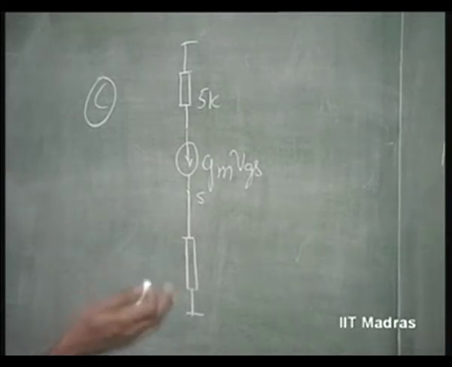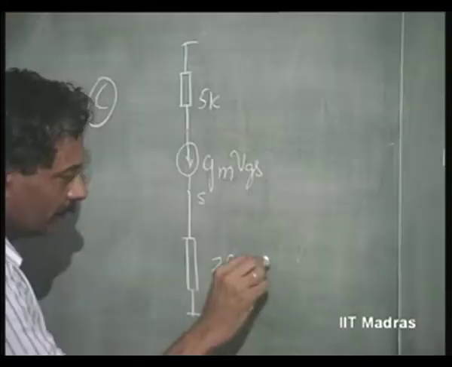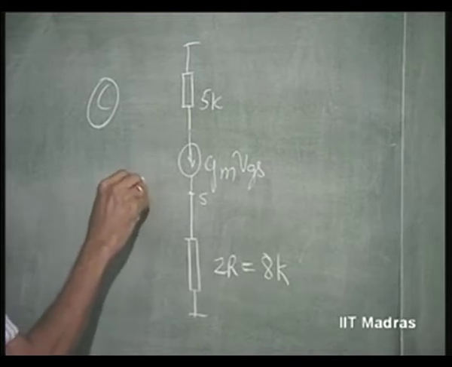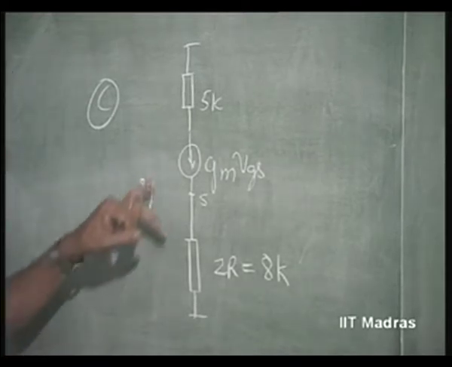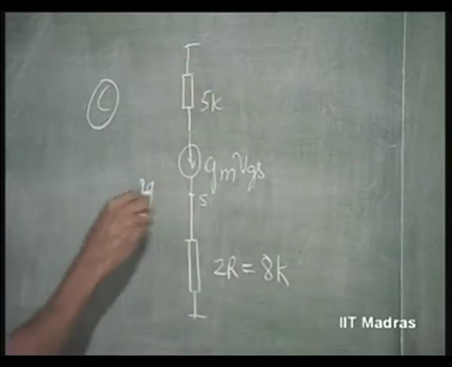R is already known as 4K, so 2R is equal to 8K. This is the equivalent circuit that we have to solve.